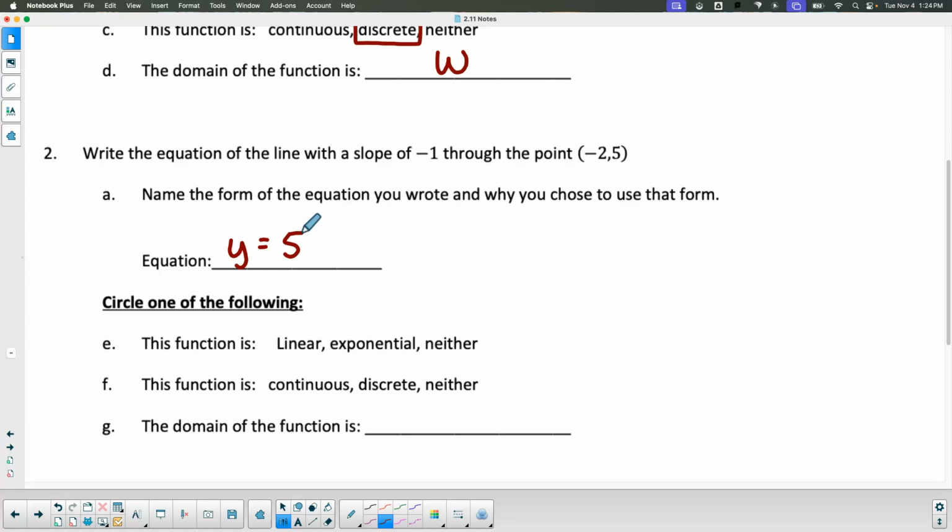And then -1 times, Calvin, it's right here. x minus, go ahead, say it. I was going to say x minus -2. Do we write minus and -2 though? No. So what do we write instead? Plus. So it would be x plus 2? Yep, exactly.